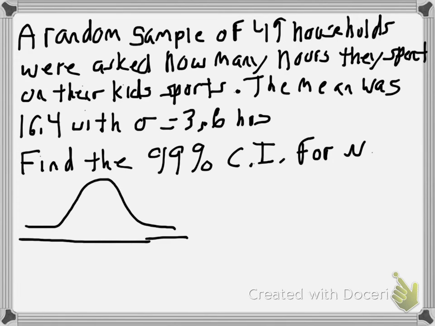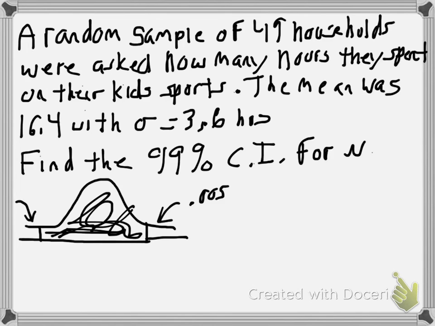Now this time I want 99% of the data to be in here, which means how much do I want out here? I just simply want half of 1%, which would be 0.005, and this would also be 0.005.